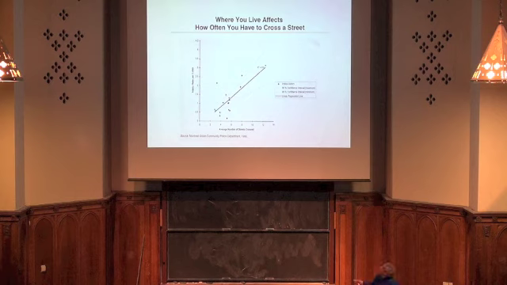And again, notice here that these dots are police districts, dot by dot. These are not human beings. We're not measuring this person's lifetime injury rate versus the number of streets he or she has to cross. We're looking at the people that live in this school district. There's a relationship between their injury rate and this number of streets crossed. We could then go and see whether in fact they're more likely to be hit by cars while crossing the street.